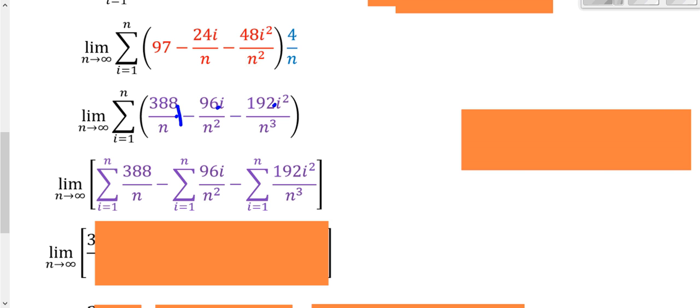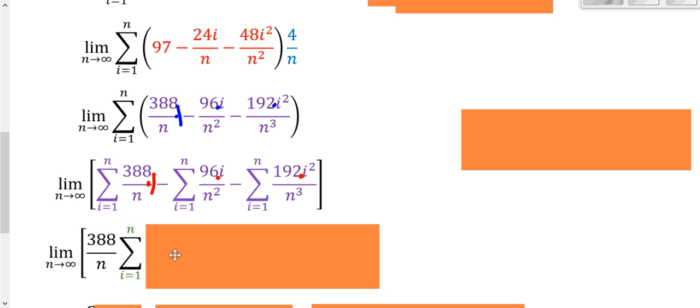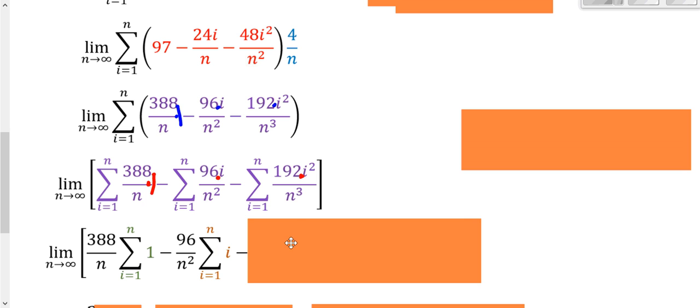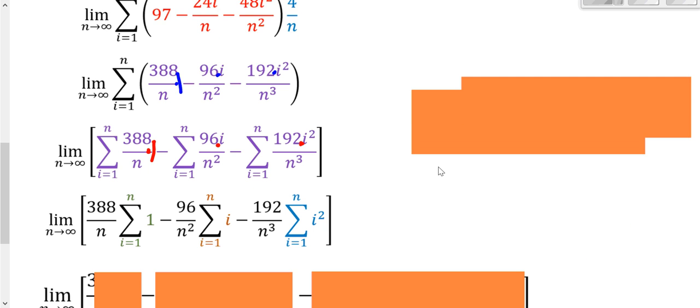But since it is times a 1 here, times an i here, times an i squared here, these numbers we can pull in front. So our 388 over n we can pull in the front of the sum of 1. Then over here we can pull our 96 over n squared in front of the sum of i. And then over here we can take our 192 over n cubed and pull it in front of our sum of an i squared.